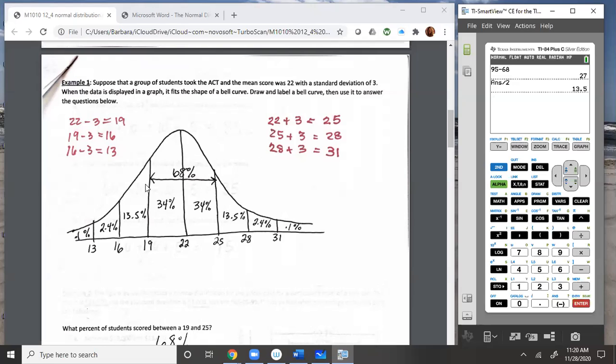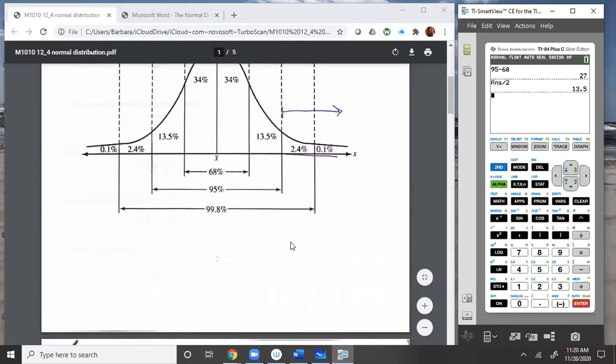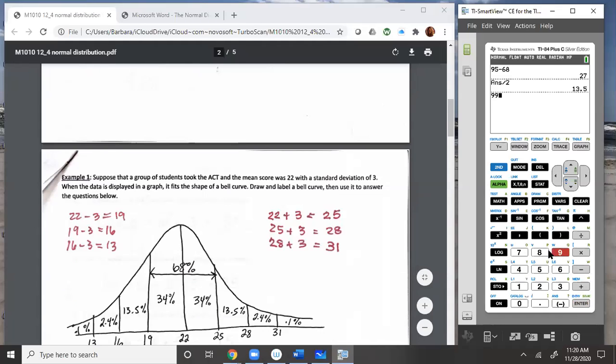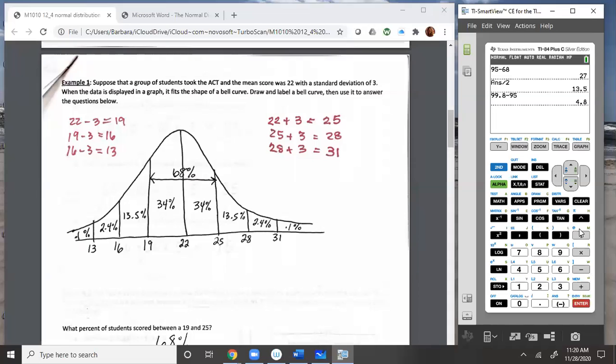So now we have 95% here. What's left from 95, subtract that from 99.8. So we have 99.8 minus 95, and that's equal to 4.8. When you divide it by 2, we have 2.4% that's out here.